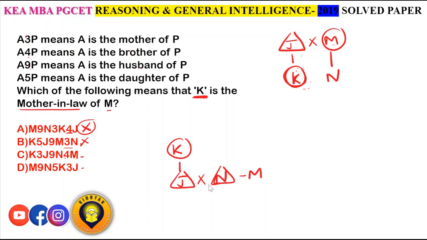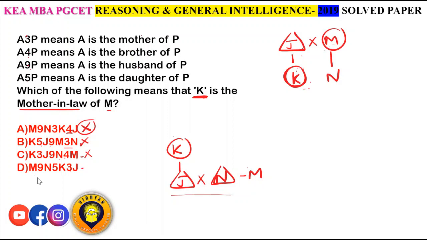This option is false. Moreover, you cannot say definitely that K is the mother-in-law of M. Even if you say this may happen, it becomes a far relation, so this cannot be the actual answer.